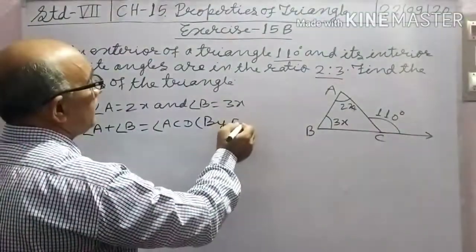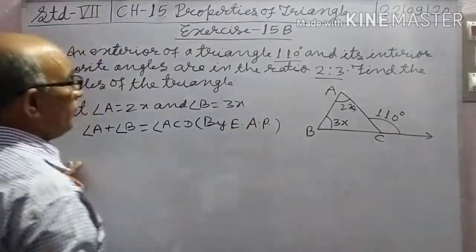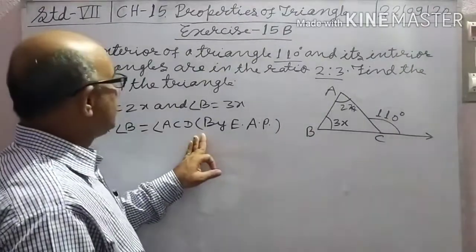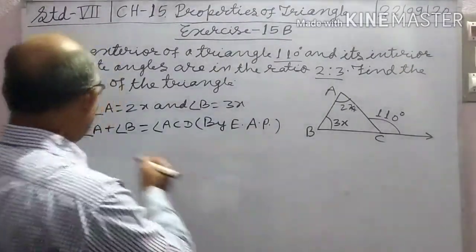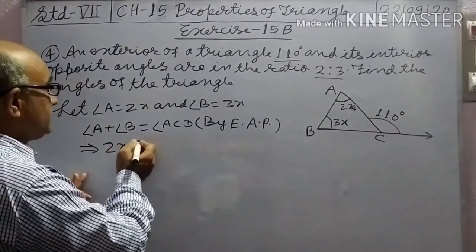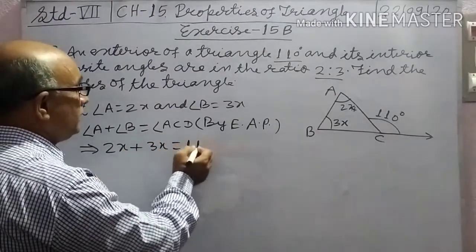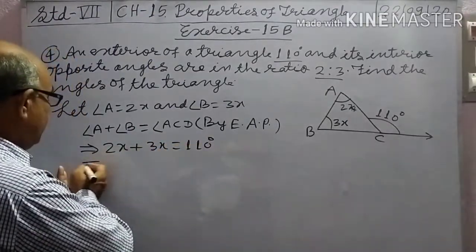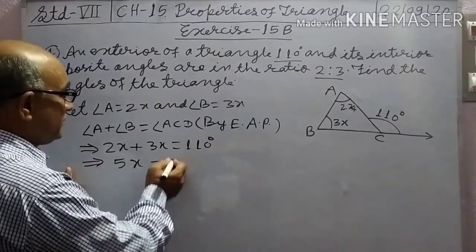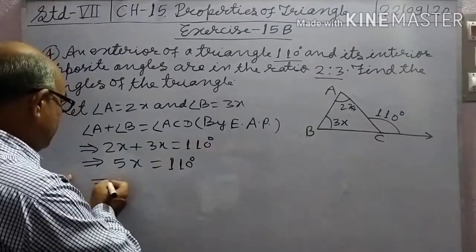That implies angle A is 2x plus angle B is 3x equal to 110 degree. That implies 2x plus 3x equal to 5x equal to 110 degree.